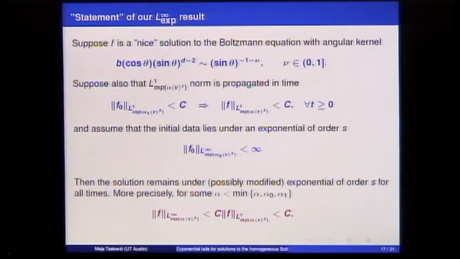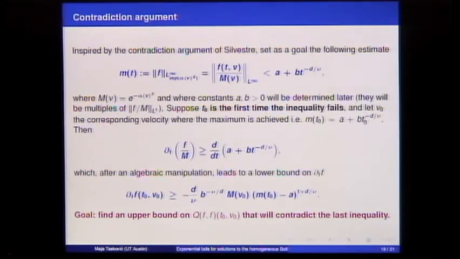Okay, good. So 2 minutes, right? Then the conclusion is that your solution stays below an exponential of the same order, but maybe with a slightly different parameter alpha.